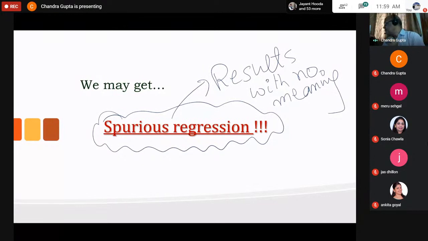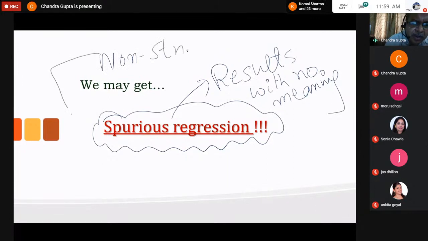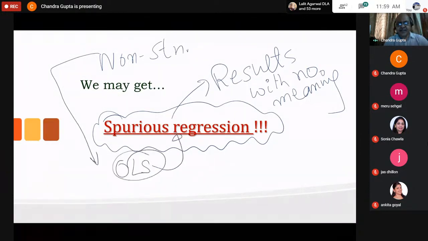Okay, so remember, if you work with non-stationary series, your results of the regression where you are making use of OLS will be spurious results. And this message should be clear and loud in your mind, and therefore never work with non-stationary series. However, there may be some exceptions to this general rule.